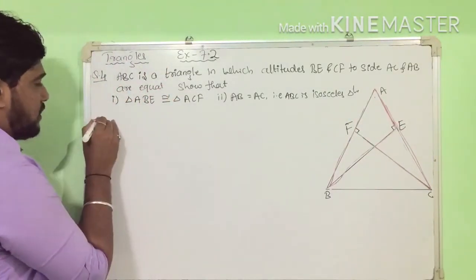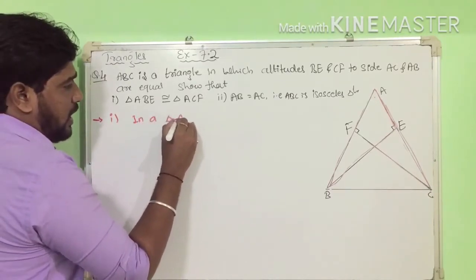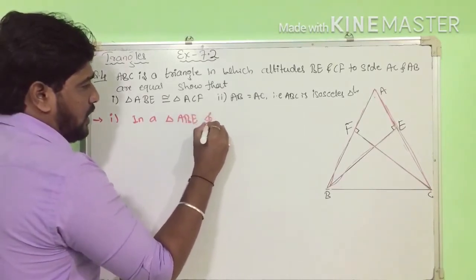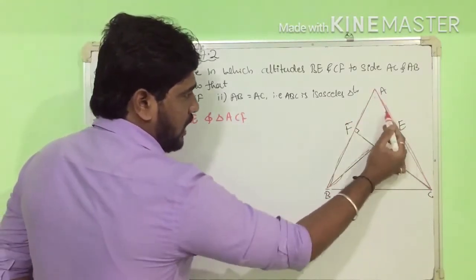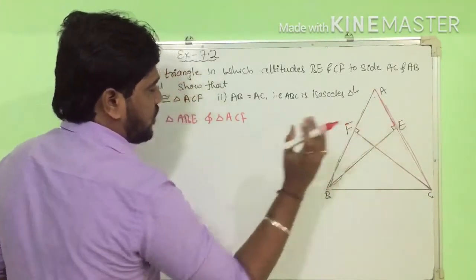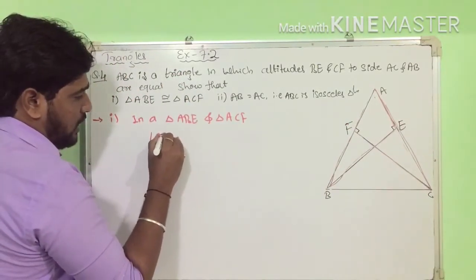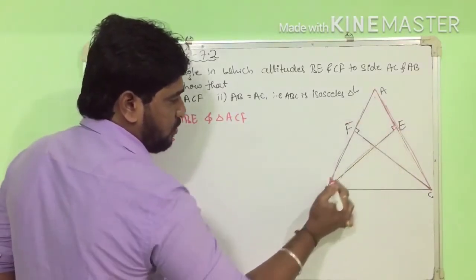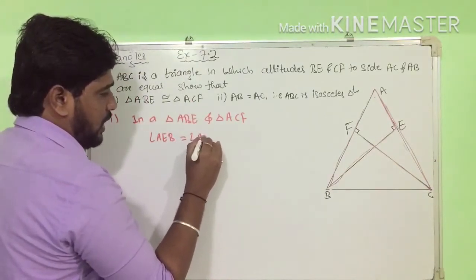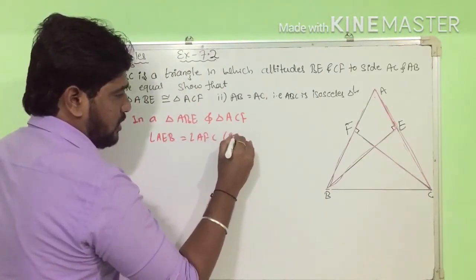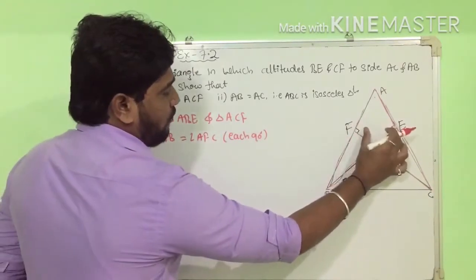So let me solve the first one. In triangle ABE and triangle ACF, in these two triangles, angle AEB is equal to angle AFC, each 90 degrees, right?